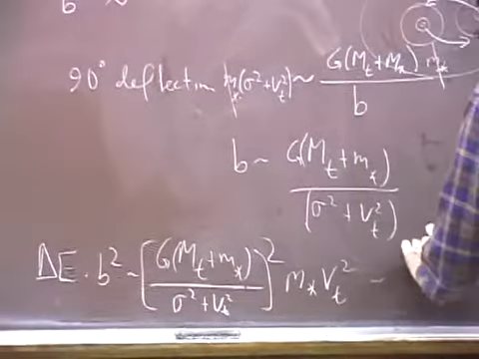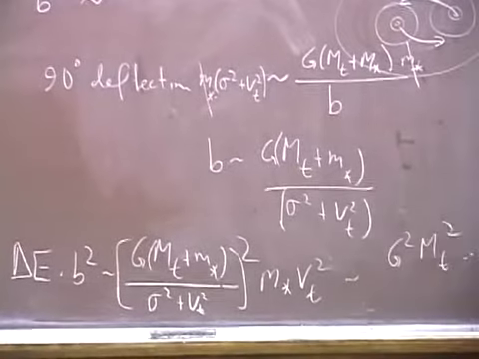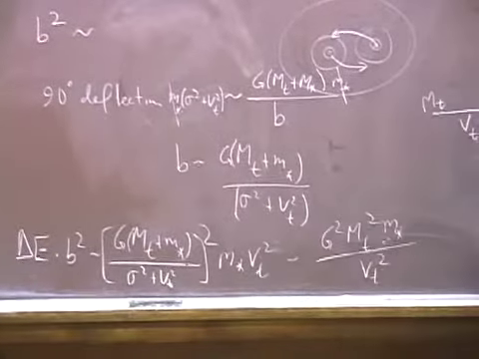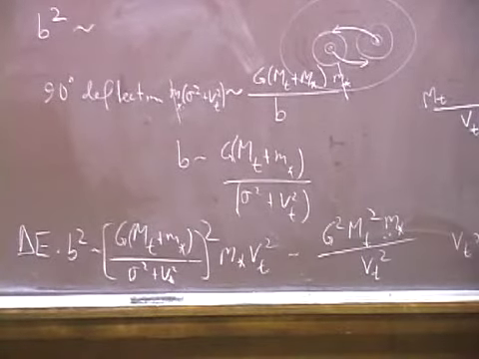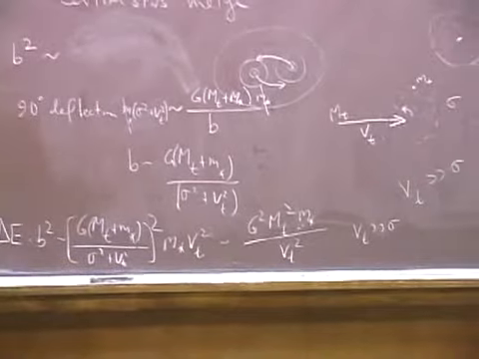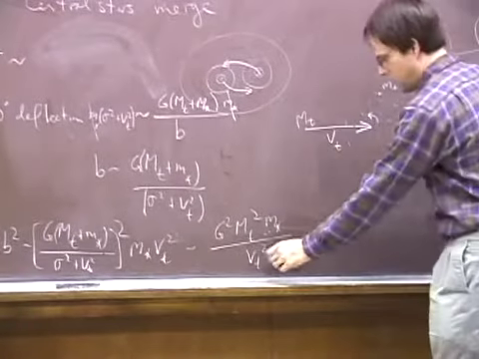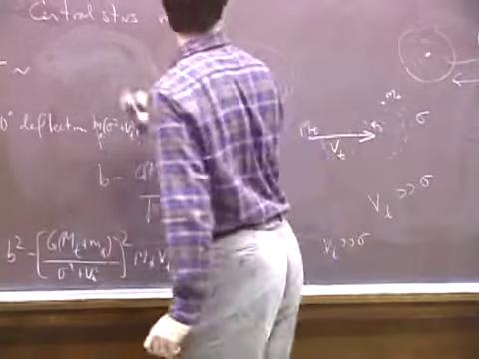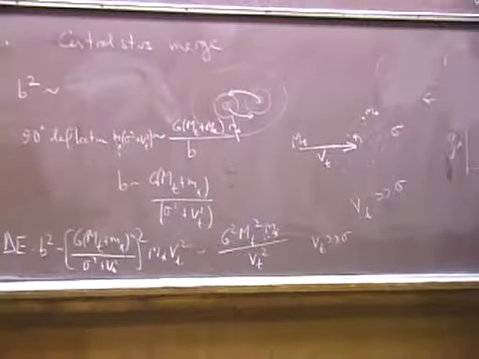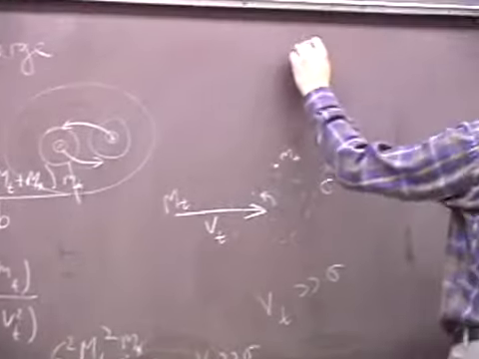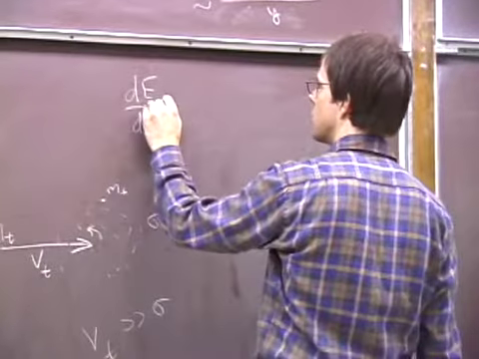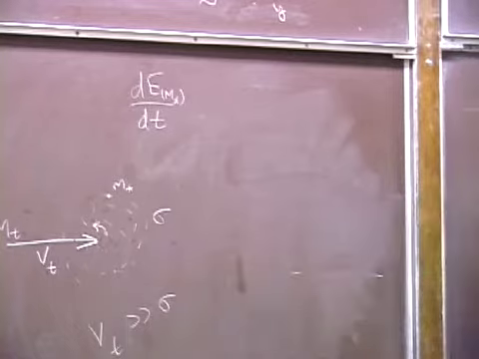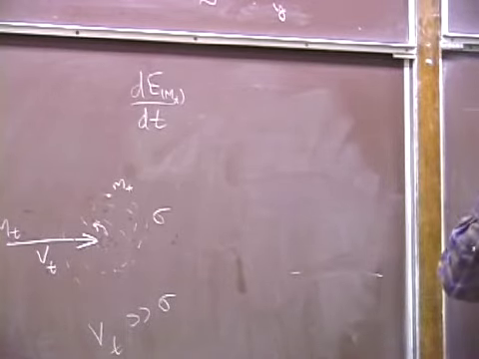Okay, so this is like G squared m_t squared m star over v_t squared, and I'm assuming here v_t is much bigger than sigma. Okay, so the rate at which m_t loses energy moving through, okay.